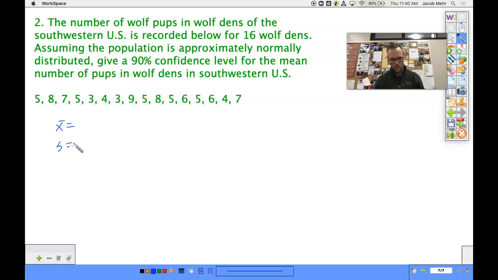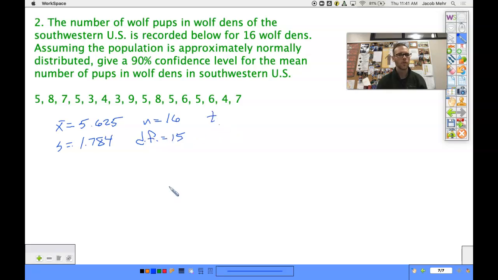So that's good. So let's quit out of that. Stat, calculate one variable statistics. And our mean, 5.625 wolf pups per den. Sample standard deviation, 1.784. All right, what was our sample size here? 16. That means our degrees of freedom are 15.